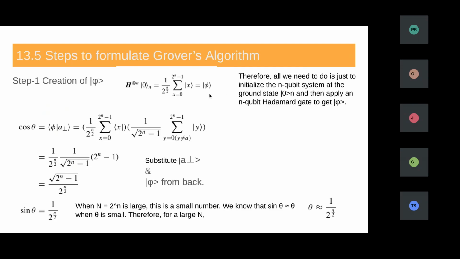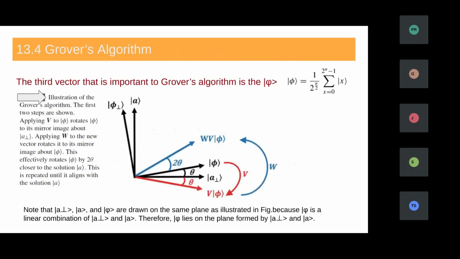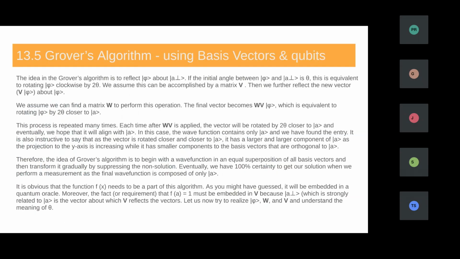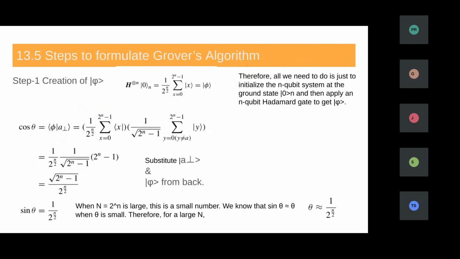Once we have created the phi, next is the cos projection and the sine projection. You know that when we look at this, this is the x projection, this is the y projection, right? So we want to make sure that we are getting those projections, and based on what we have right now, it is phi and A perpendicular.